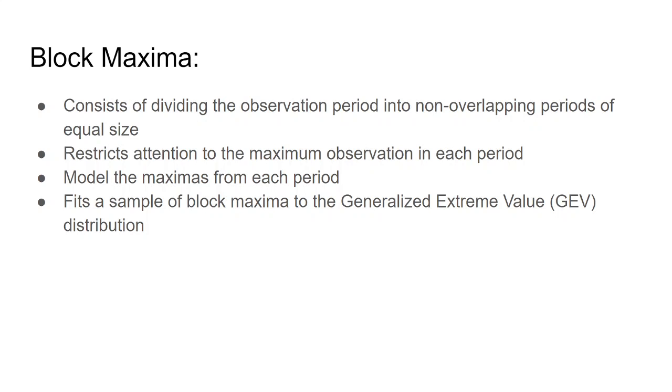What we do is we divide it into equal periods of time, and then we pick out the maxima, which is, we restrict our attention to the maximum observation in each period, and then we model these maxima through the generalized extreme value distribution. We'll be discussing the generalized extreme value distribution, its distribution function and all, in a while.